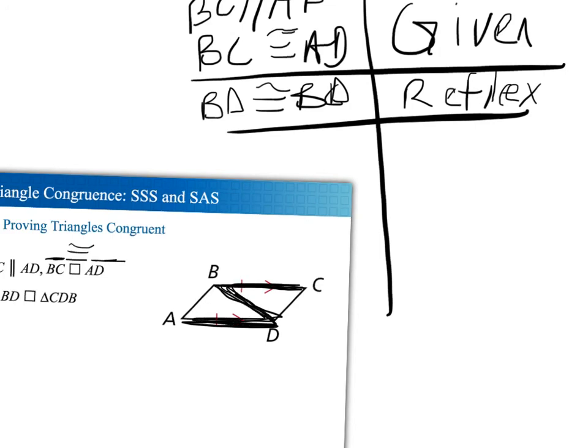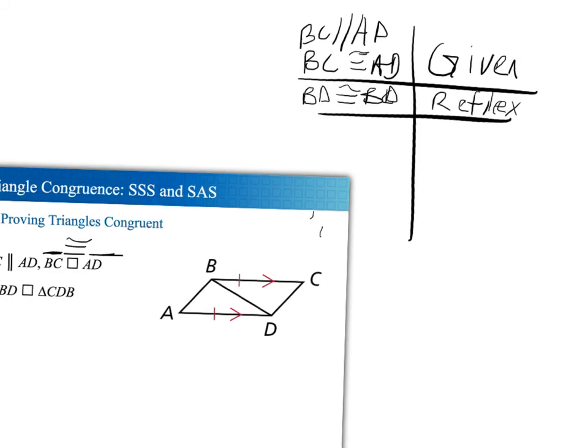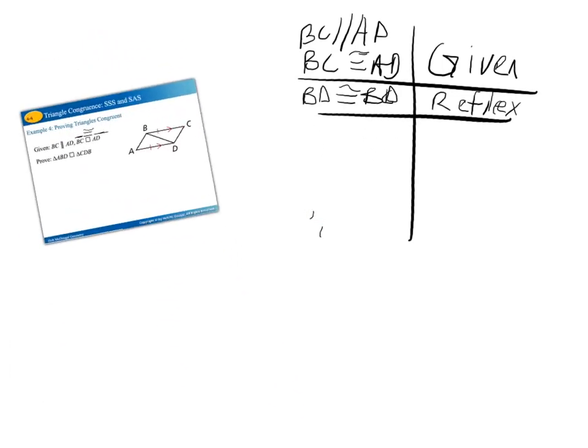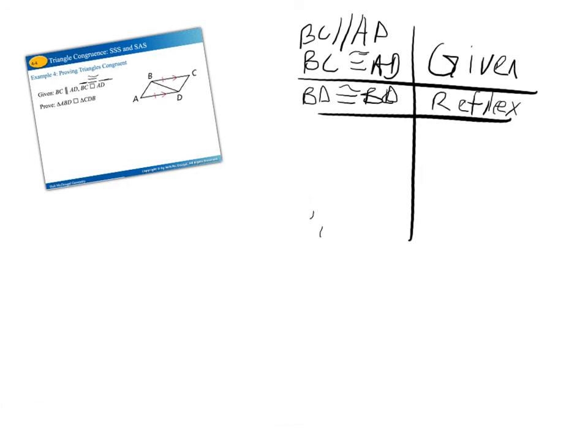This is the letter backwards Z, and the backwards Z is alternate interior angles. So because of alternate interior angles, I know that CBD is congruent to BDA. Because they're parallel, it has to be. Alright, so this is congruent to this.